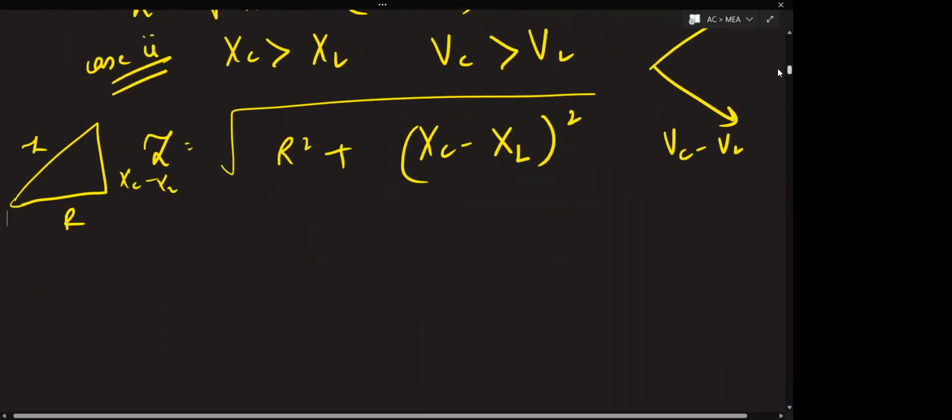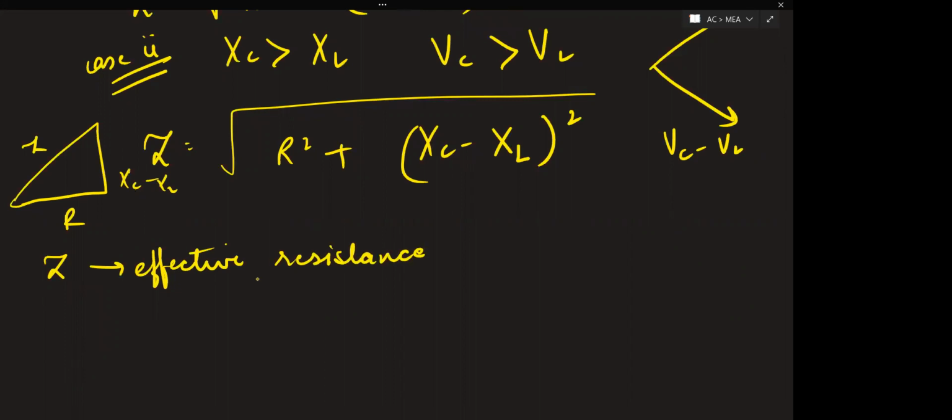Z is the resistance of this LCR circuit, series LCR circuit. All these three are connected in series. So this is actually the effective resistance of the series LCR circuit.